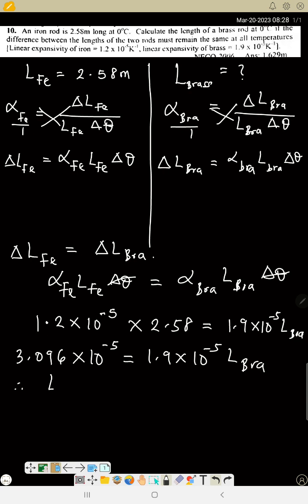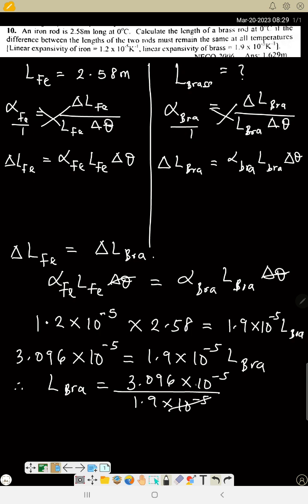So that means length of brass is equal to, you divide both sides by 1.9. So this will be 3.096 times 10 raised to power minus 5 divided by 1.9 times 10 raised to power minus 5.